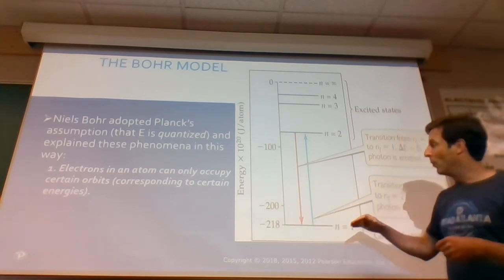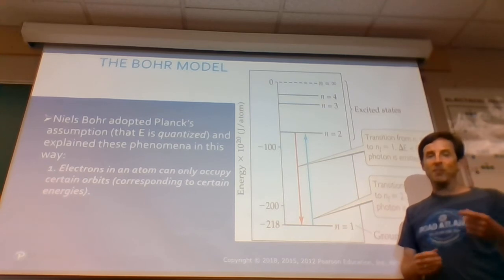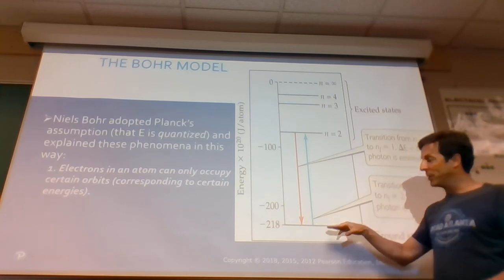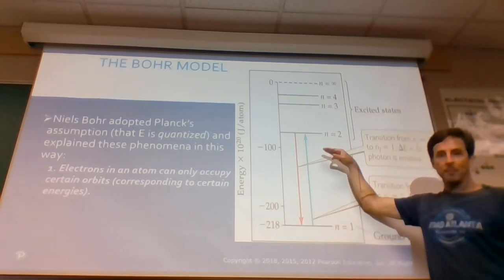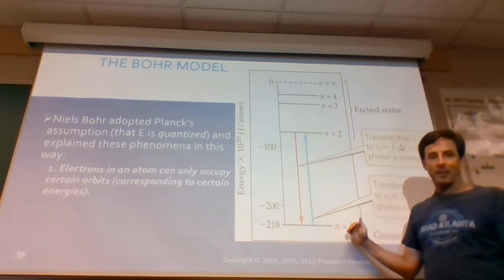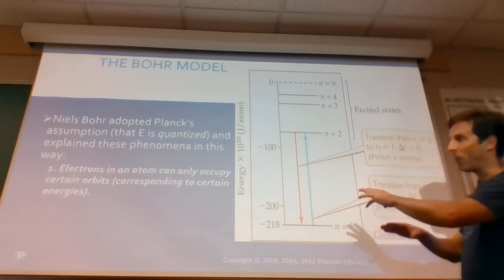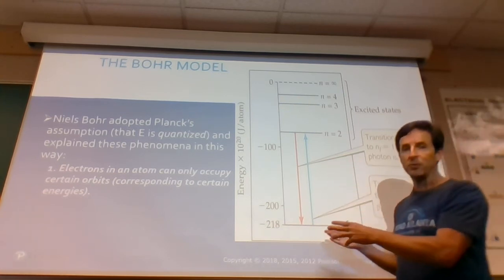Okay? So we have specific orbitals that are allowed, and an electron, if it gains enough energy, it can jump from a low orbit to a high orbit. Once it gets to a high orbit, if it wants to come back down again, it has to emit a photon.